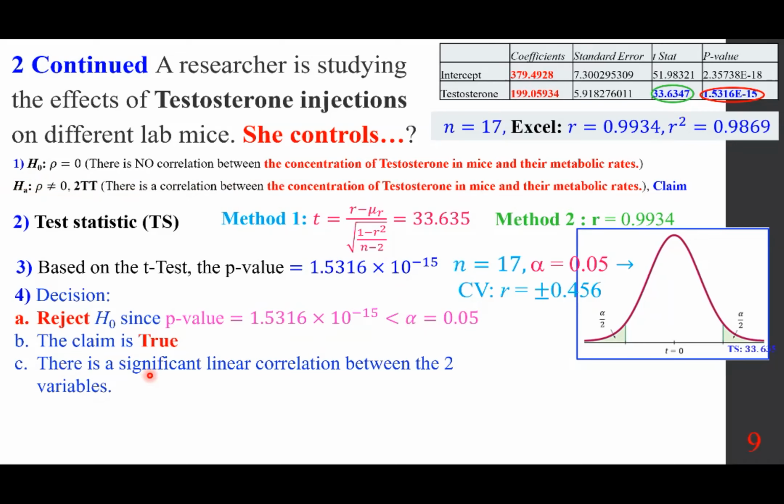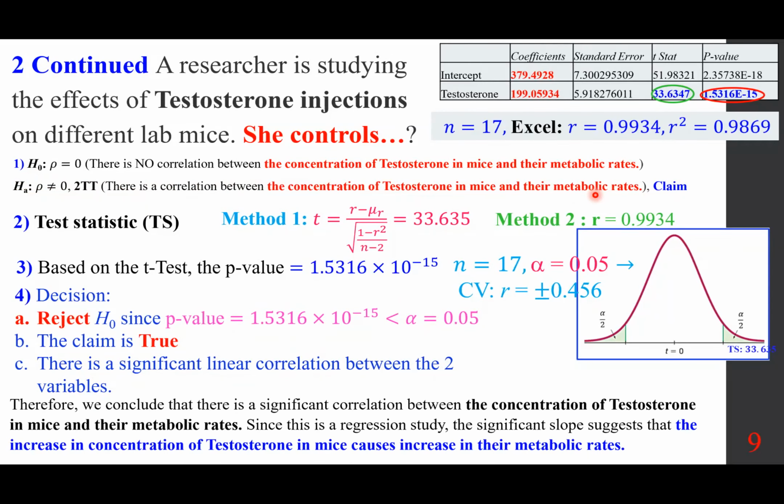Then there is a significant linear correlation between the two variables, namely concentration of testosterone in mice and their metabolic rates. This is based on the test of hypothesis. Therefore, we conclude that there is a significant correlation between the concentration of testosterone in mice and their metabolic rates.